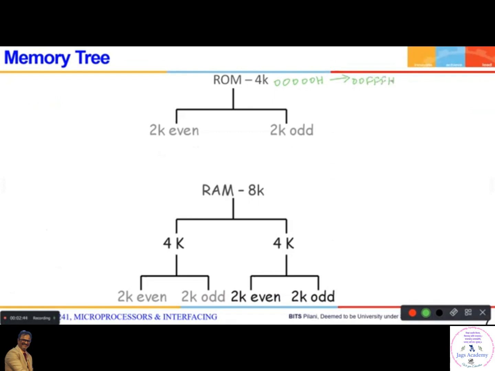In that, all even addresses will be coming here and all odd addresses will be coming to the next 2K. Right? Similarly, you have another 8K RAM. What is the starting address? The starting address is 0800H. Can you tell me what is the ending address?